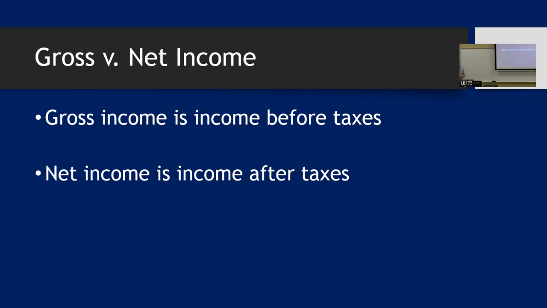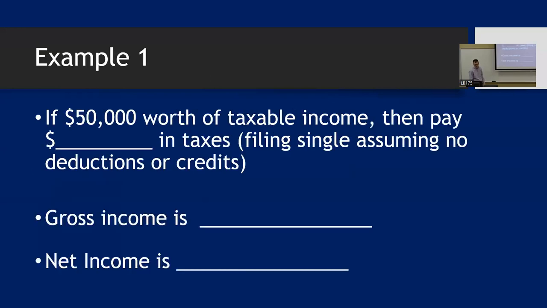Right? So that's one of the intricacies. When we talk about income, people talk about gross income versus net income. Gross income is the income before taxes are taken out. Net income is the income after you take out taxes.